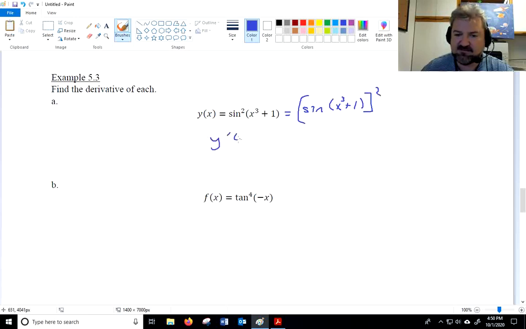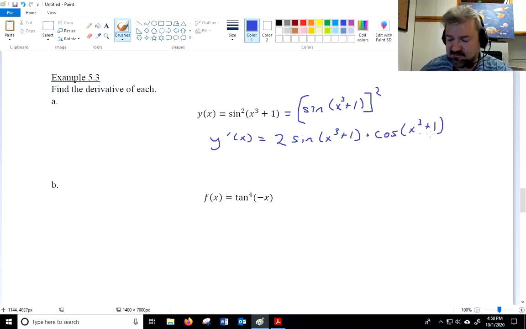Now it's going to make it easier for us to take the derivative. We can see that this is a power rule, and this stays exactly the same to the first power, so I don't need the exponent anymore. Then times the derivative of the inside. The inside of this is cosine x cubed plus 1. Then times the derivative of the inside of the cosine, which is 3x squared. All right, let's do another one.